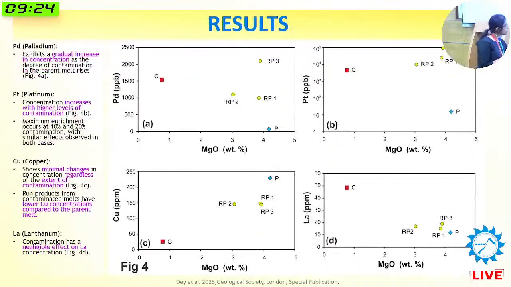Now, these diagrams represent the behavior of the different PGE elements like palladium, platinum, Cu. Cu is closely related to PGE, and lanthanum. Palladium and platinum are showing similar behavior, where they are increasing with increasing degree of contamination. Their concentration is increasing with respect to the parent melt, but Cu is decreasing, and the change in lanthanum concentration is negligible.